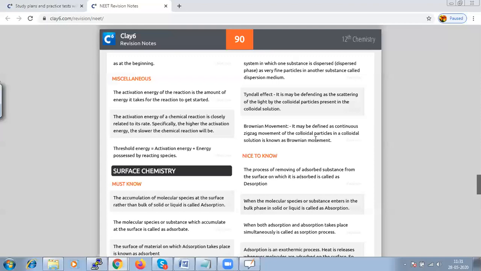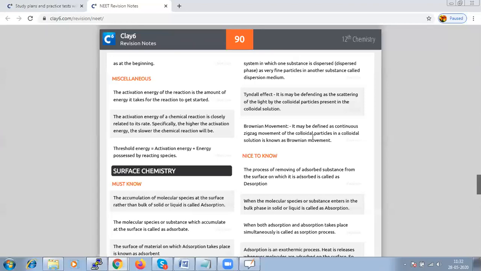The smaller the size of the particle, the lesser its viscosity, hence the faster its motion. This movement is responsible for the stability of the sol.